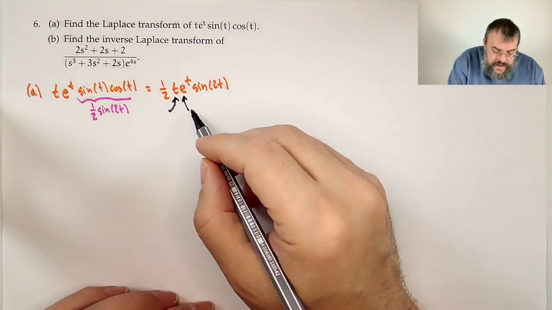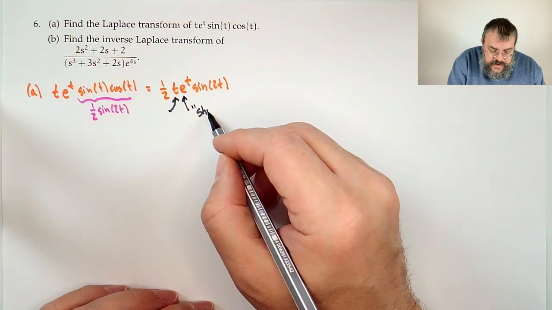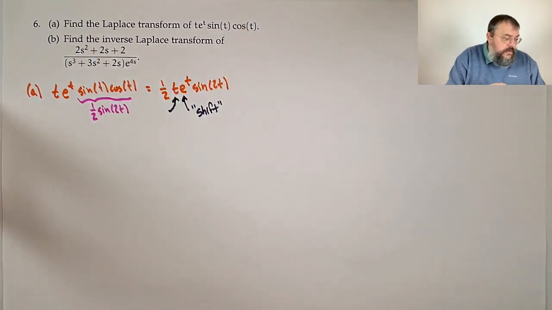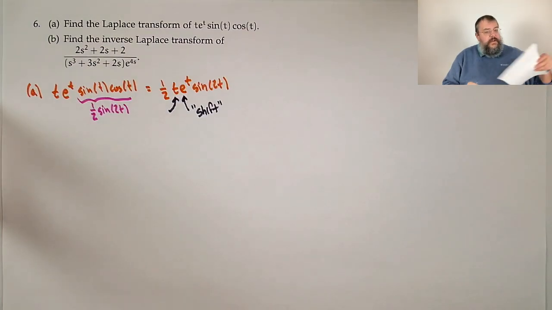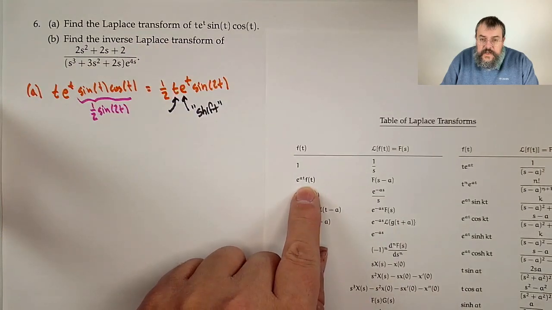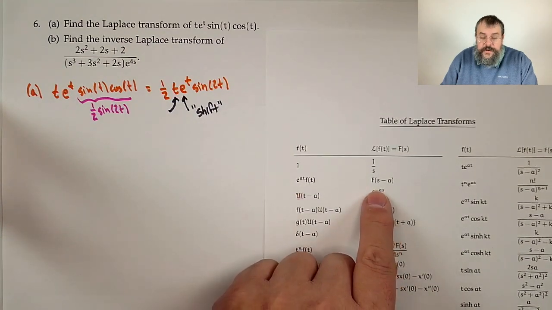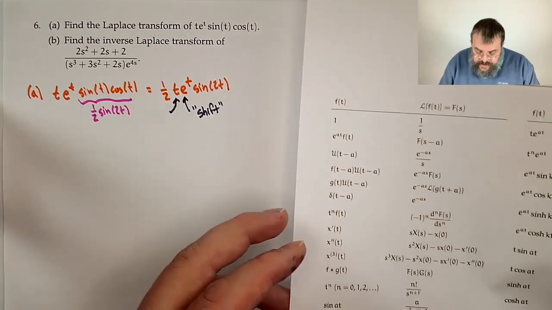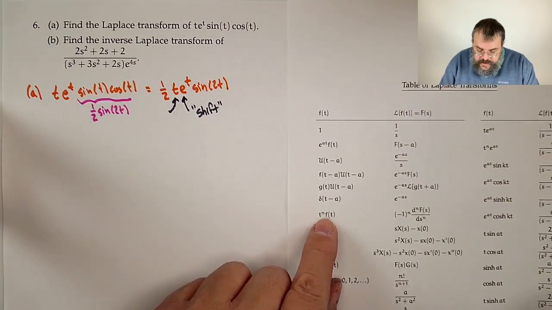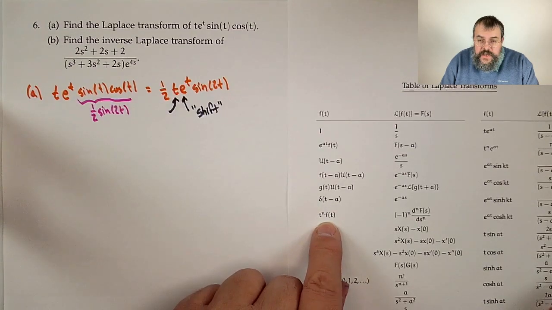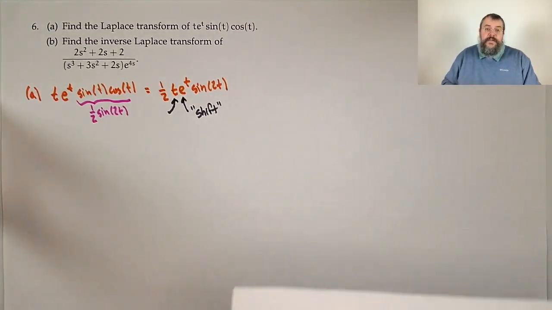So e to the t, we can think of as a shift. If you look at our table, see that e to the at f of t corresponds to a shift. Now the t, I'll point it out while we're here, just a little further down. Multiplying by t is essentially like taking the derivative.